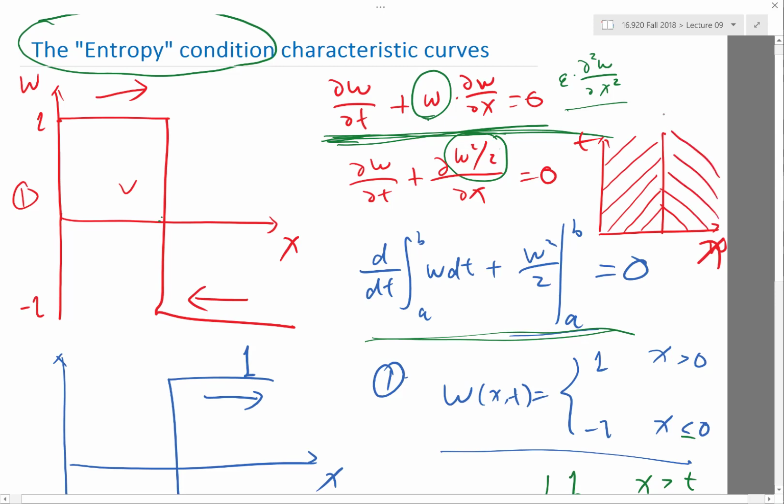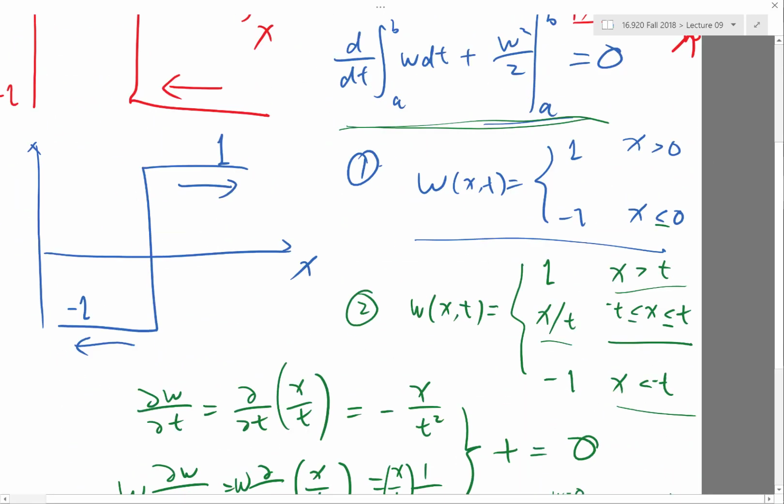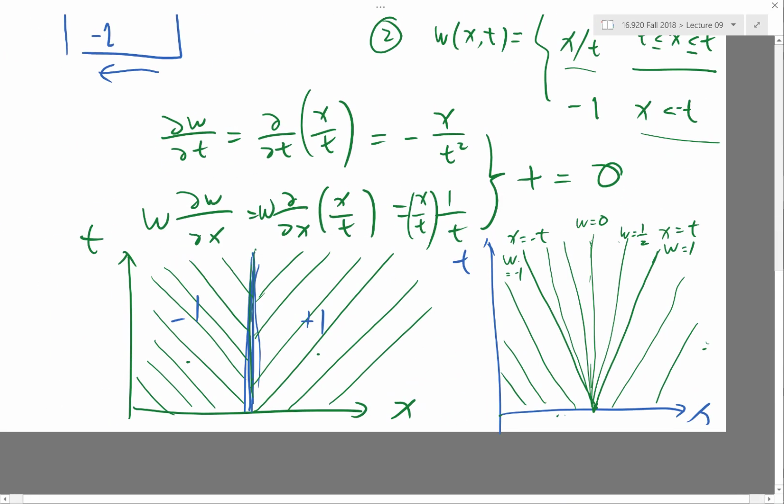So the characteristics are not emanating from the discontinuity. They run into the discontinuity and disappear into it, and that satisfies the entropy condition. While in the green case, when the characteristics come out of the discontinuity, that is a violation of the entropy condition. All right, make sense?